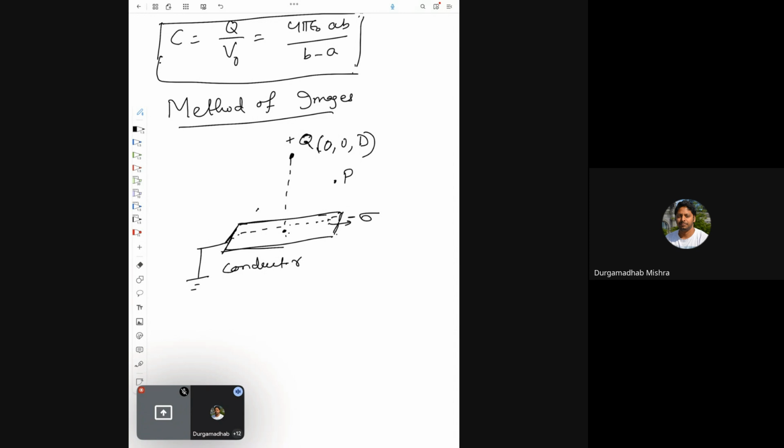If you want to solve this using Gauss's law or any other method, for example Poisson's equation, it is very difficult. So here, what is used is called the uniqueness theorem.